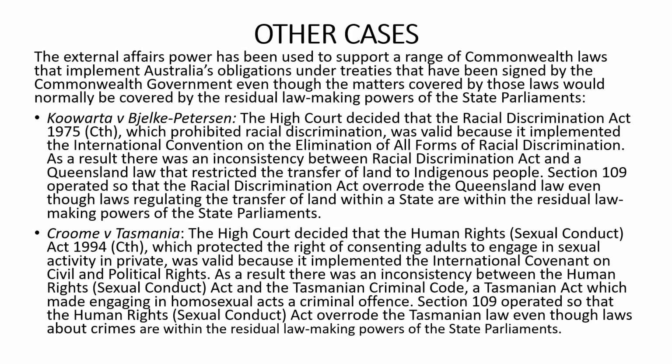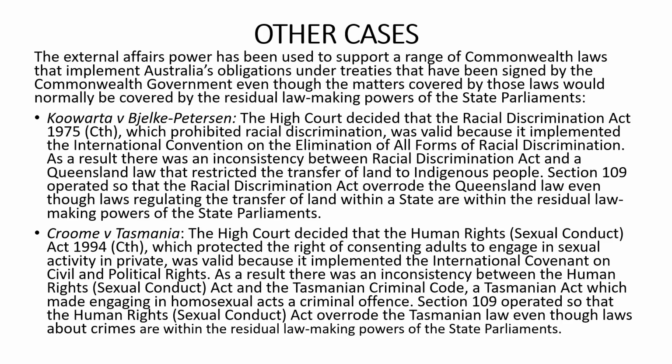Indeed, the external affairs power has been used to support a range of Commonwealth laws that implement Australia's obligations under treaties that have been signed by the Commonwealth Government, even though the matters covered by those laws would normally be covered by the residual lawmaking powers of the state parliaments. I've given you two examples of such cases on this slide.